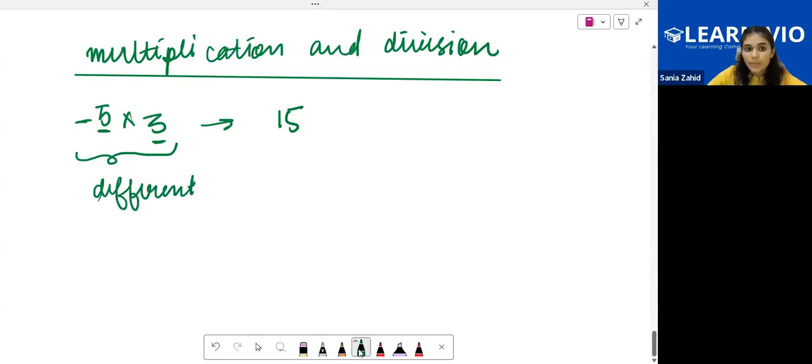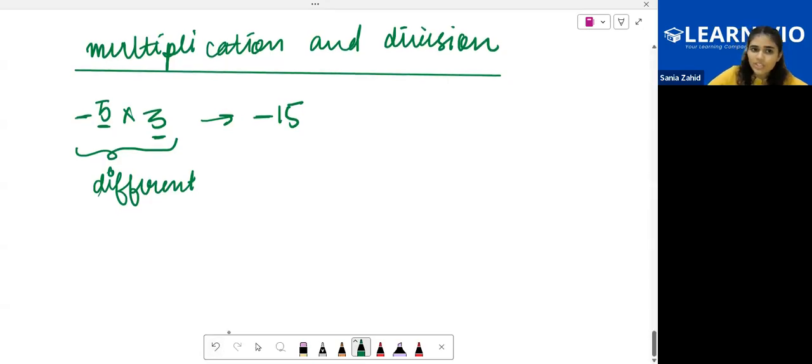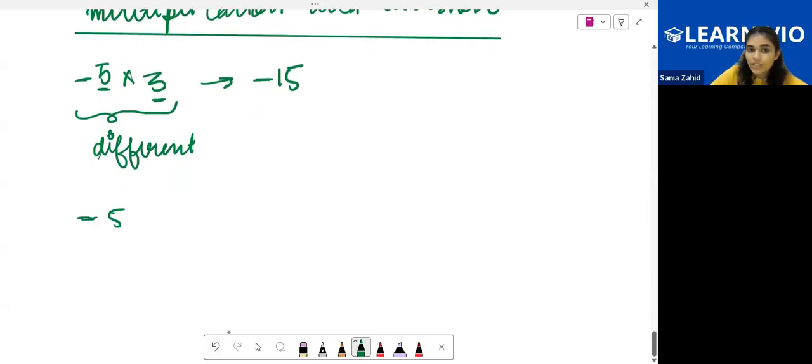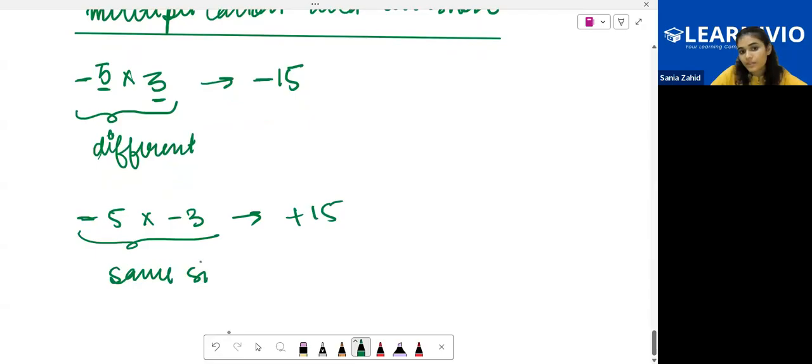If you multiply two numbers of different signs, then you will get a number, and the sign will be negative. Okay, if I change this and write -5 multiplied with -3, what will you get? Positive 15. Why? Because here I have the same signs, right?